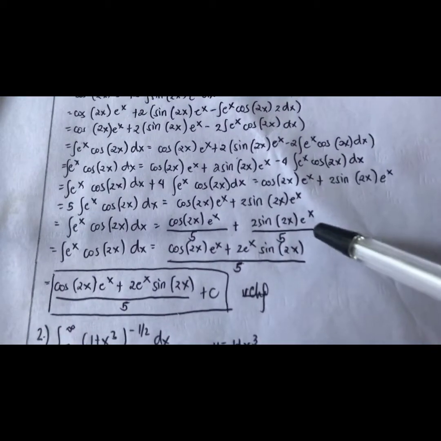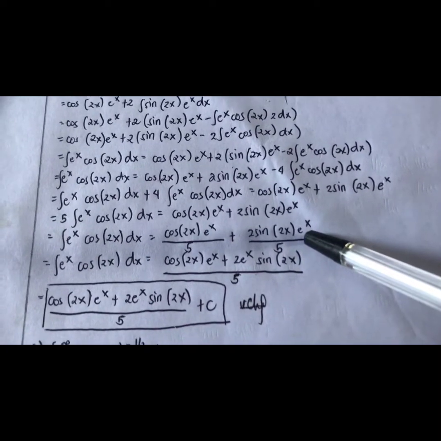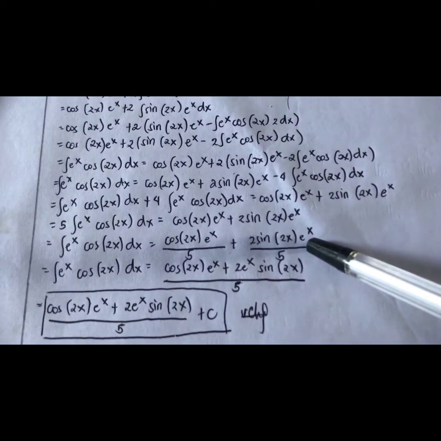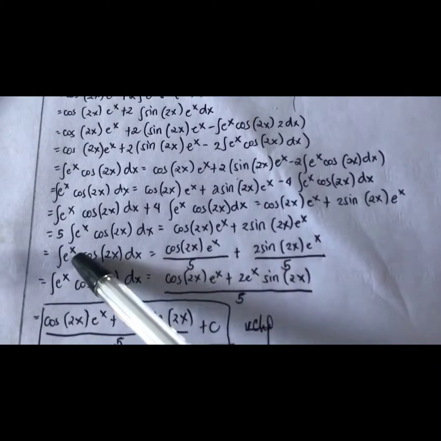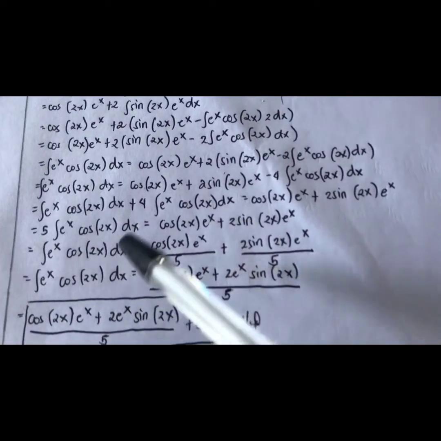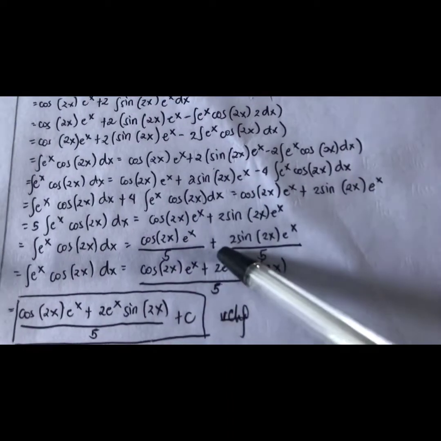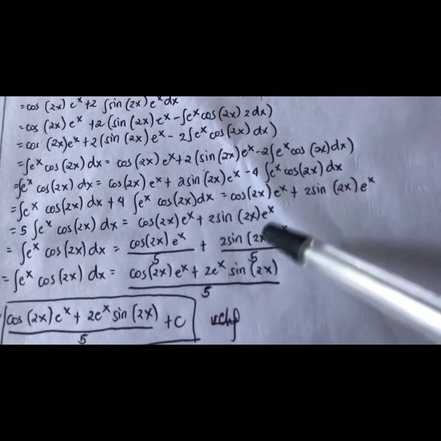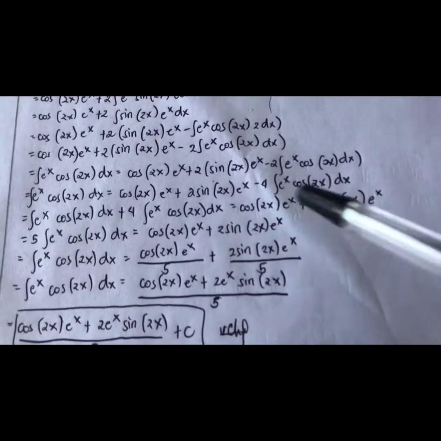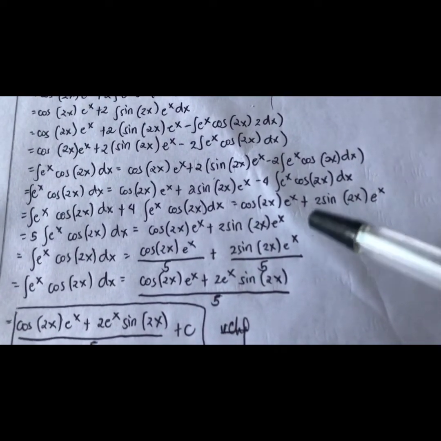And then we're going to divide both sides by 5. So it would give us the integral of e raised to x cosine 2x dx is equal to cosine 2x times e raised to x over 5 plus 2 sine 2x times e raised to x over 5. And then we're going to simplify this one.